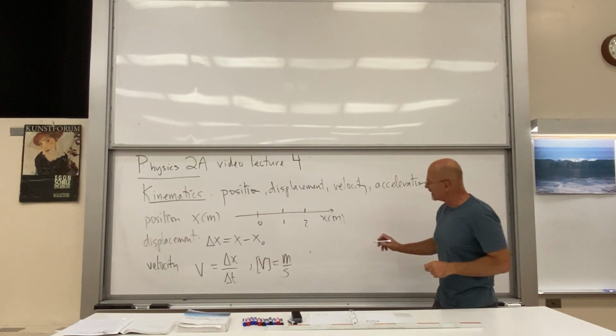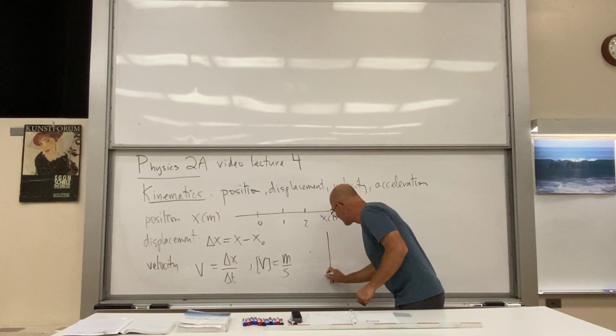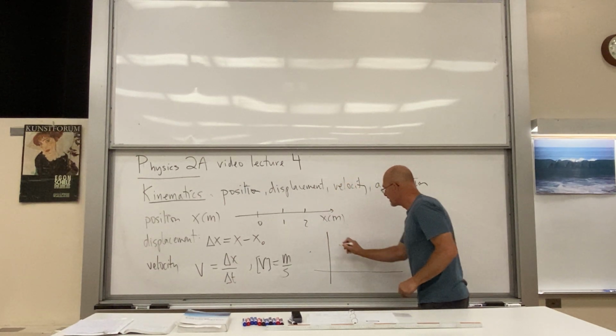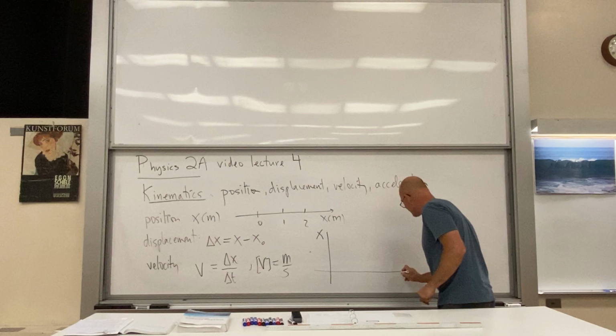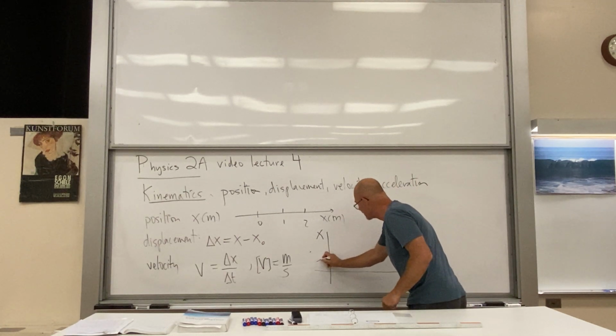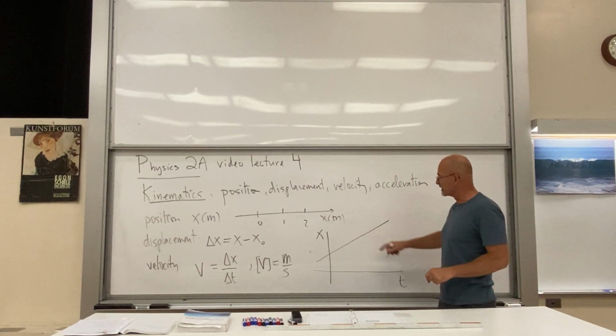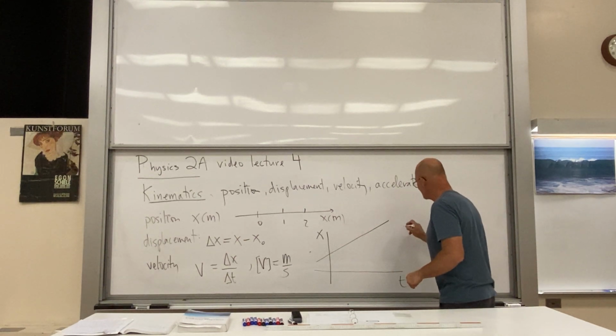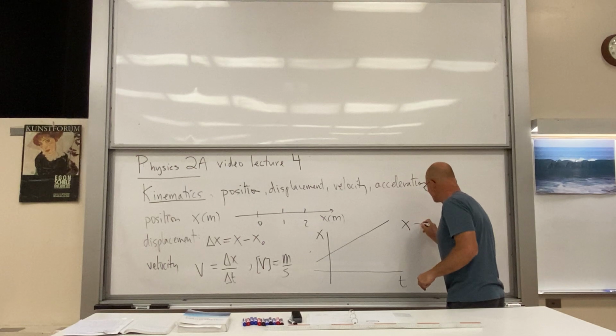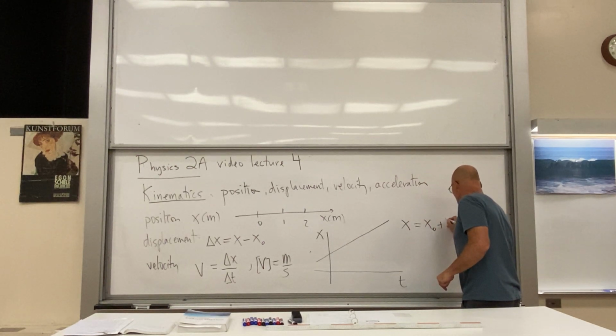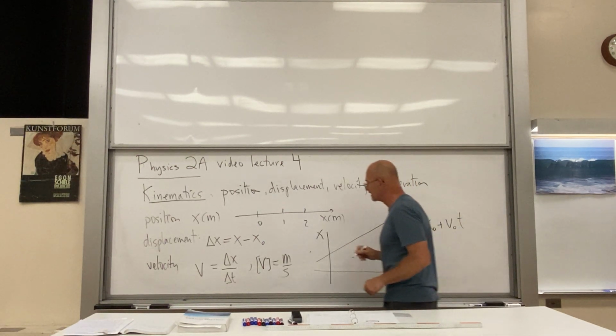And we ended with a graph of x as a function of time, a straight line graph. If you have x as a function of time in a straight line graph, that means that you're looking at x equals x0 plus v0 times t.